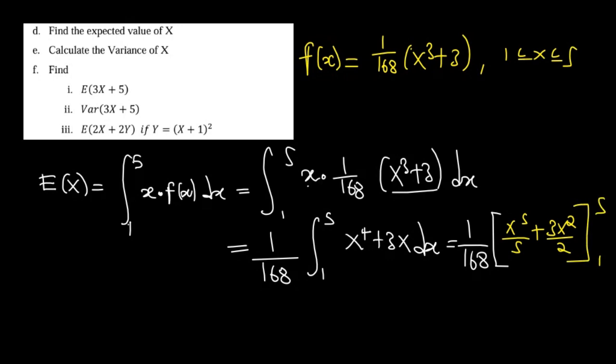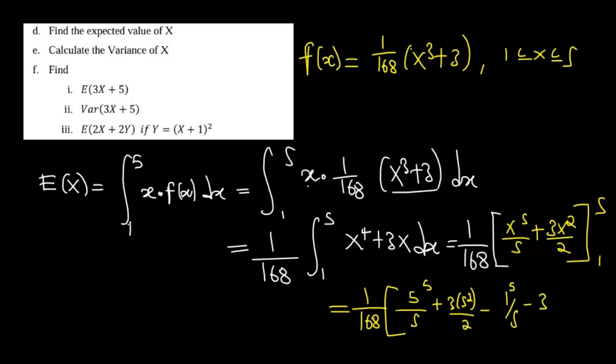That's how we find the expected value. Now I'll just have to put in the values. It will be 1 over 168, and I put in the 5 first, so that will be 5 to the power 5 divided by 5 plus 5 squared over 2, minus 1 to the power 5 over 5 plus 3 times 1 squared over 2.